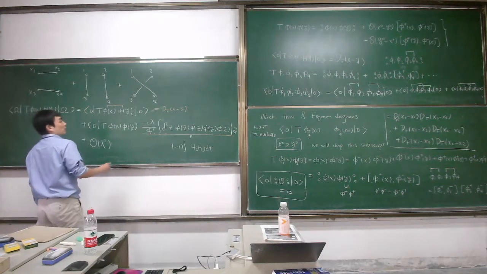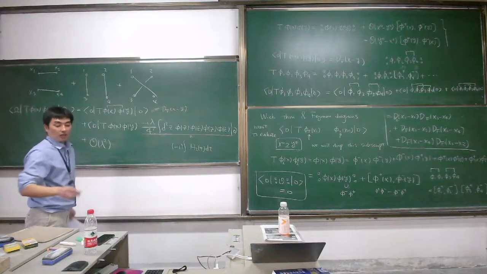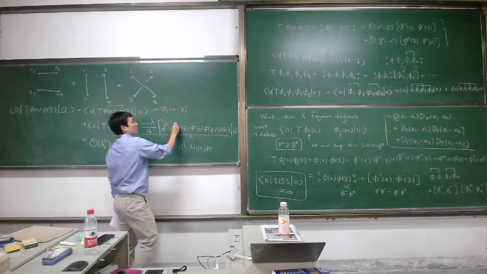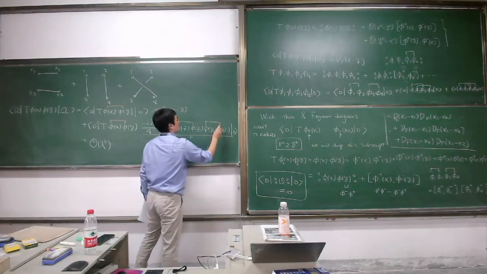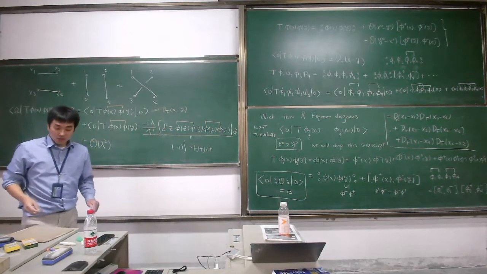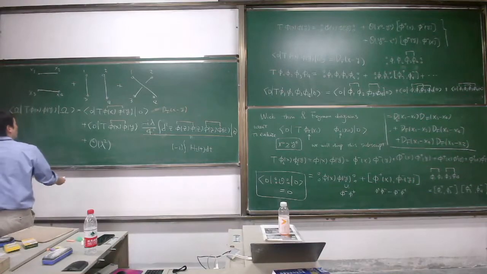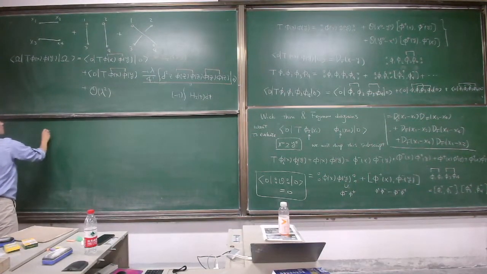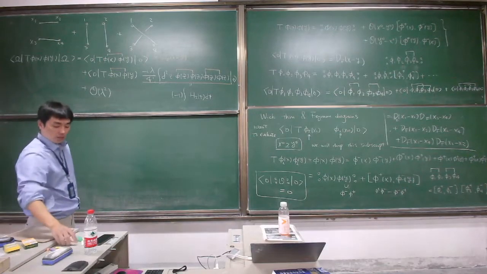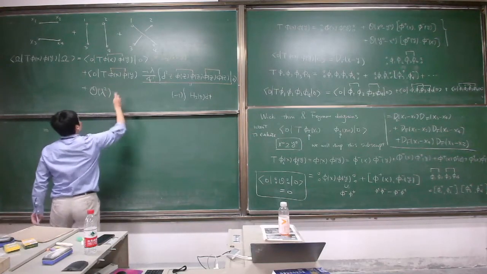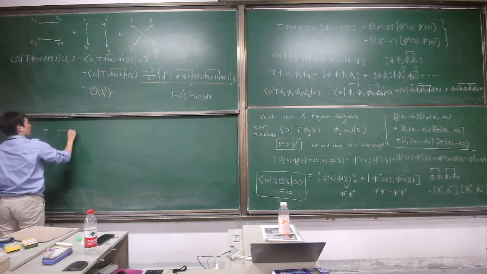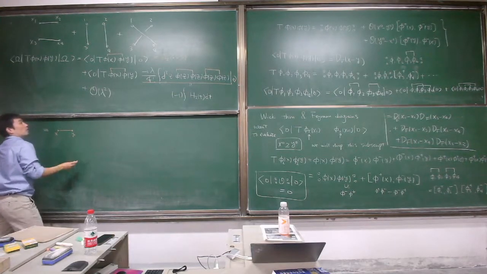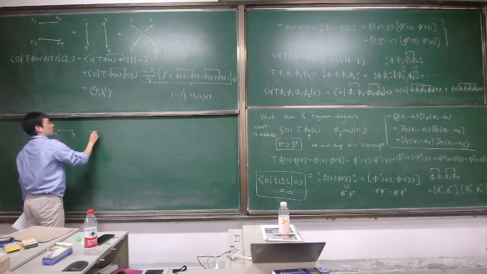Okay, then let's do the next term. The first one is the same way: first you contract this one, and then contract this one, and contract this one. So this orange term will give you the following diagram. We just start from x to y, and there's a z here.